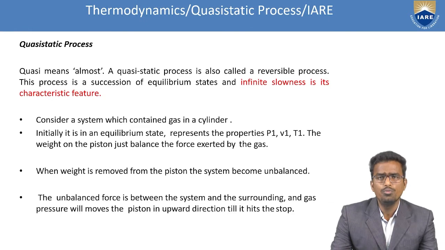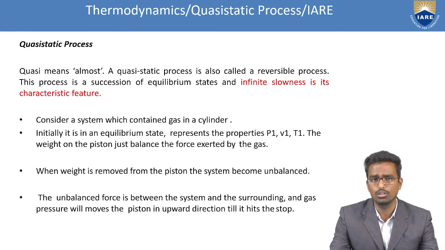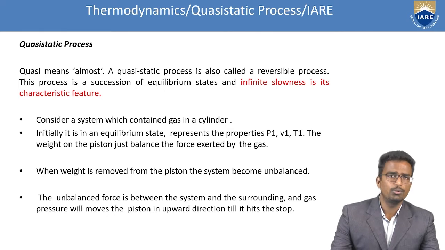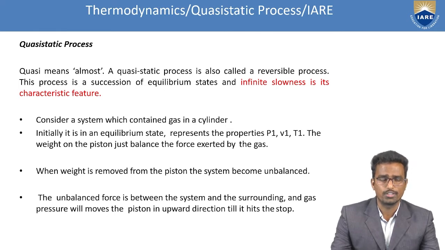Next, we know that there is a process and there is a cycle, which we discussed previously. But now there is one more thing, the quasi-static process. What is a quasi-static process? Quasi means almost.